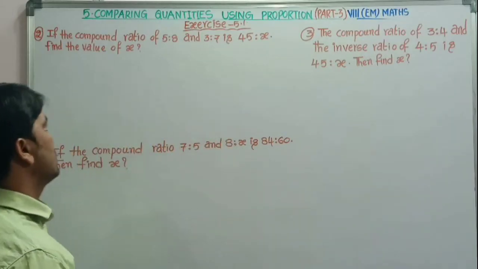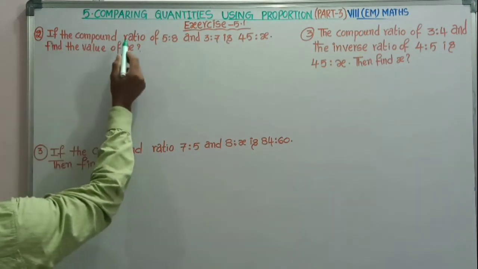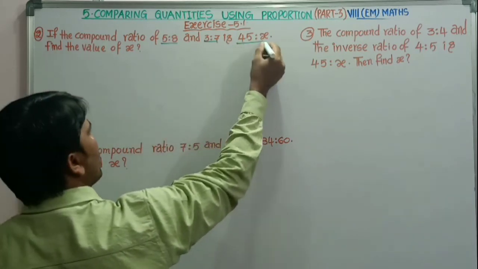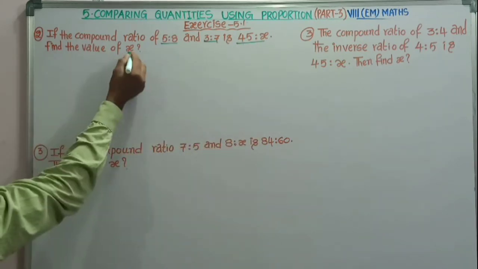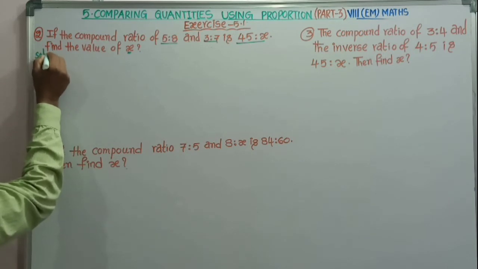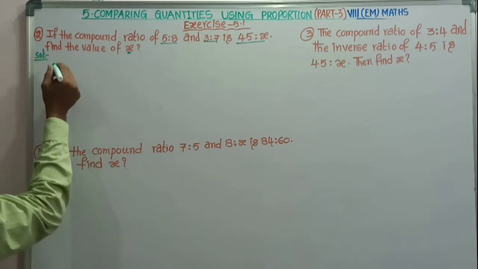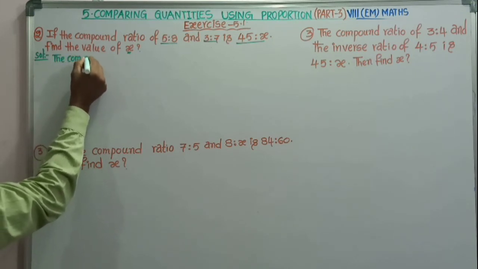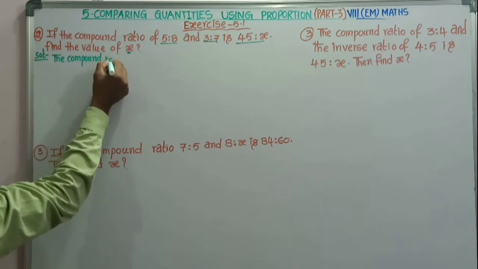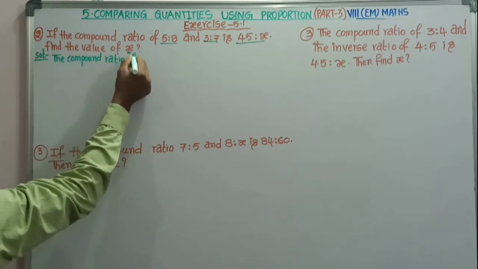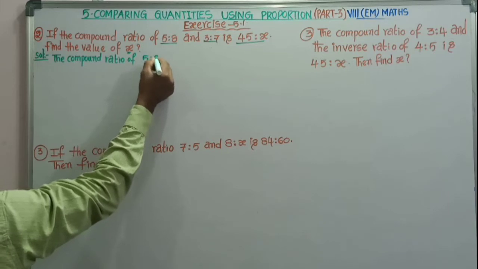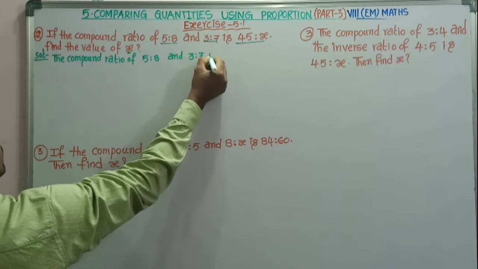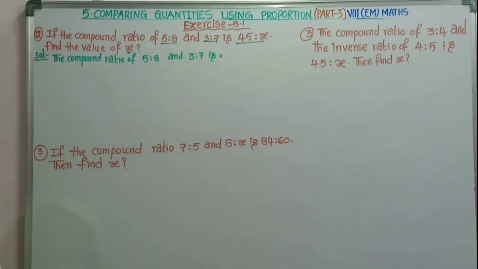Next question. Second one. If the compound ratio of 5:8 and 3:7 is 45:x, find the value of x. Solution. The compound ratio of 5:8 and 3:7 is equal to, what is compound ratio?